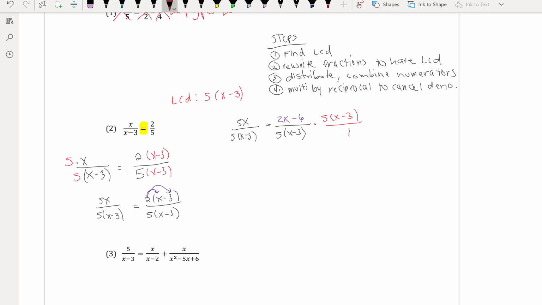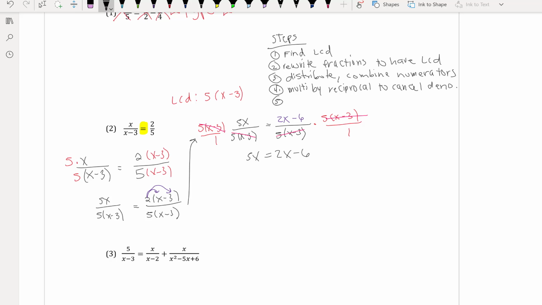So over on this side, I'm going to multiply this, oops, I want to multiply it by that 5x minus 3 over 1. When I end up doing that, the denominators cancel. So I'm left with 5x is equal to 2x minus 6.